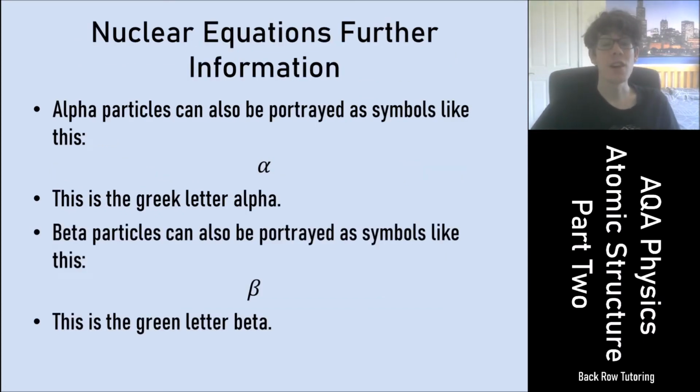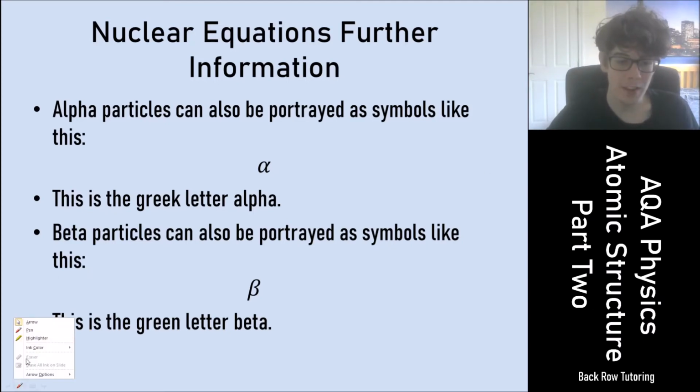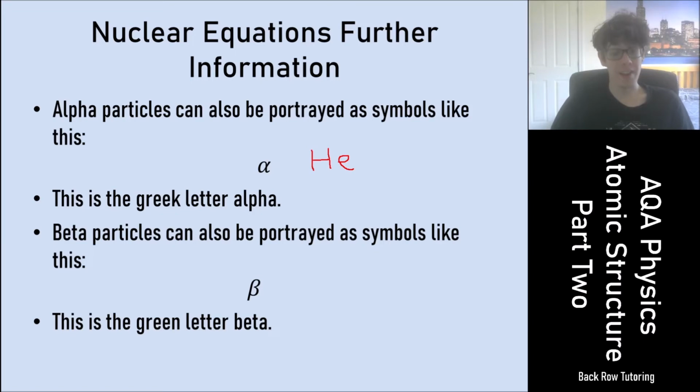Nuclear equations, further information. So alpha particles can also be portrayed as symbols like this. This is the Greek letter for alpha. So when we're talking about alpha particles, we either show them as this, an alpha particle, or a helium. Beta particles can also be portrayed as symbols like this. B for beta, the Greek letter for beta.